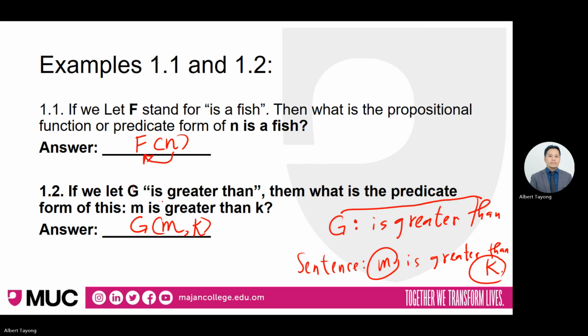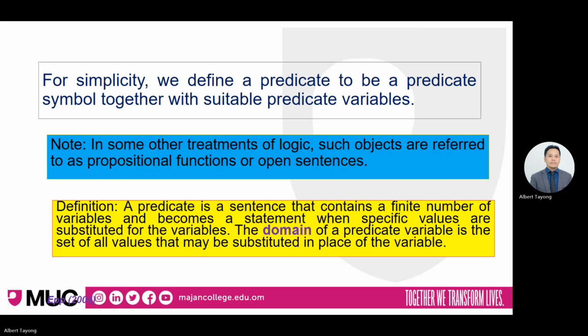M, our subject, we go to the left, our predicate, that is greater than, is G, and then the second variable is K. So comma, K. So that's the answer. Okay, so it's very simple.